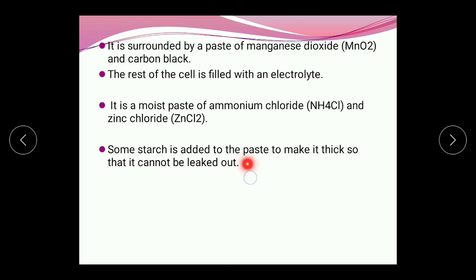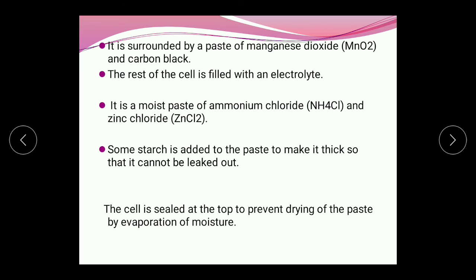Some starch is added to the paste to make it thick so that it cannot leak out. The cell is sealed at the top to prevent drying of the paste by evaporation of moisture. So that upper end is covered just to avoid the drying of the paste, because the paste should always be moist. Hence, the upper end is sealed.